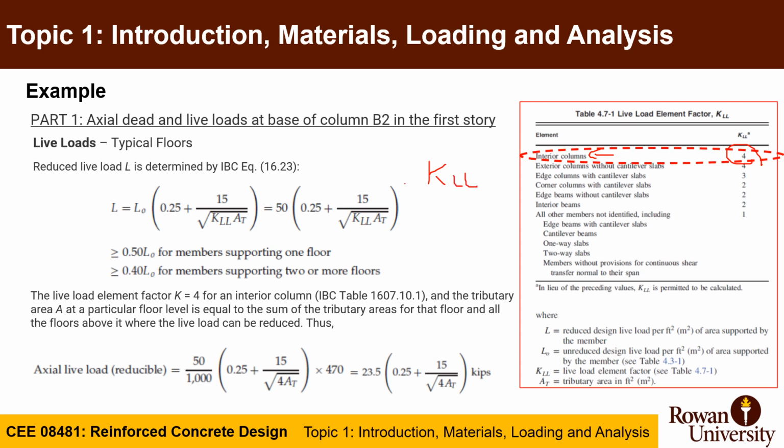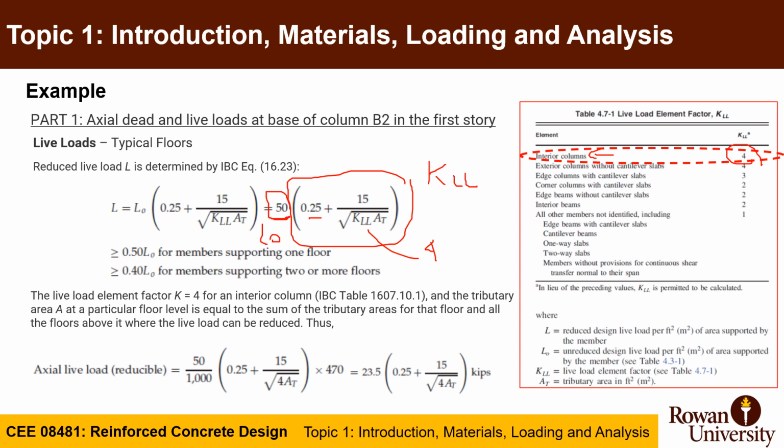However, in this reduction factor equation, as you can see, it's 50 pounds per square foot of office building L0, and 0.25 plus 15 over square root of KLL AT. KLL is 4.